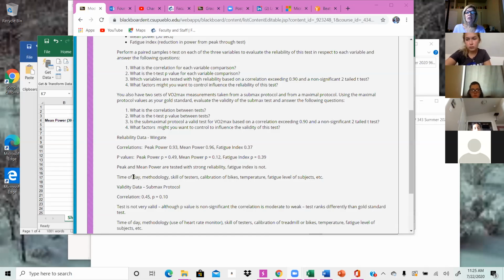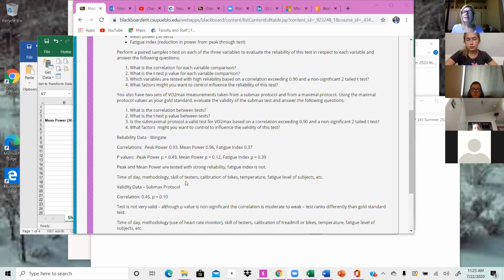So I would say you would want to do these both in the morning if you're doing them outside, or you'd want to do them in a controlled environment. Some people are at their highest peak energy in the morning. Some people are at a higher peak energy in early afternoon. So we'd have to measure this at the same time of the day, the first day and the second day. We'd have to use the exact same methodology.